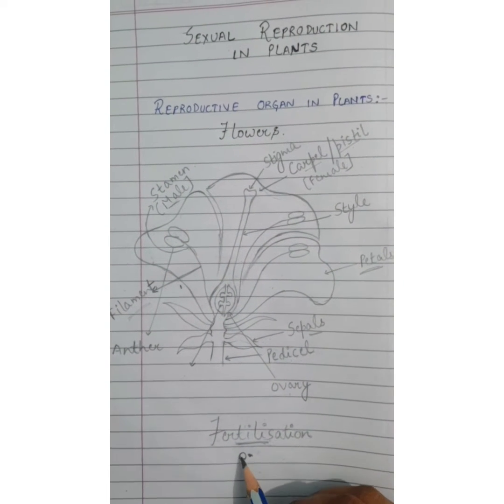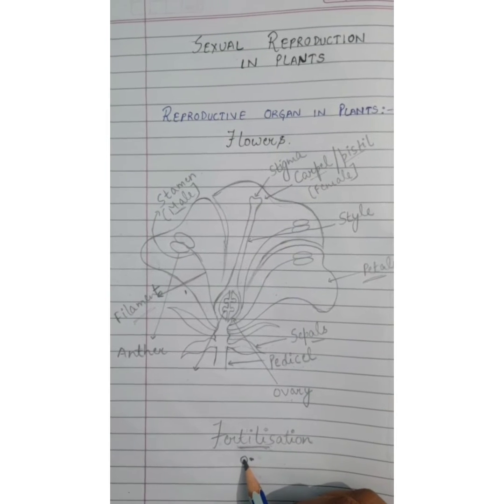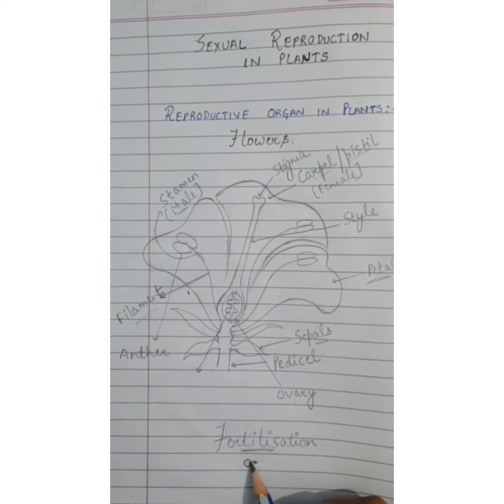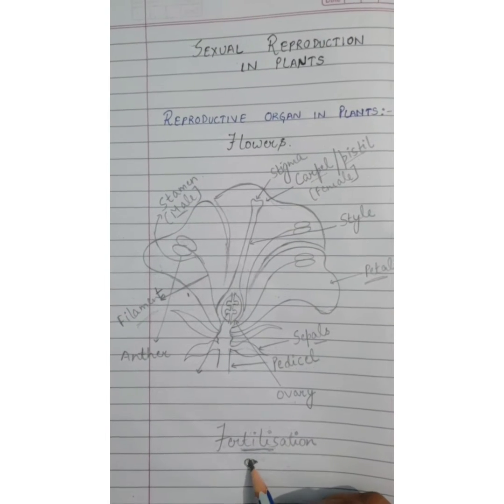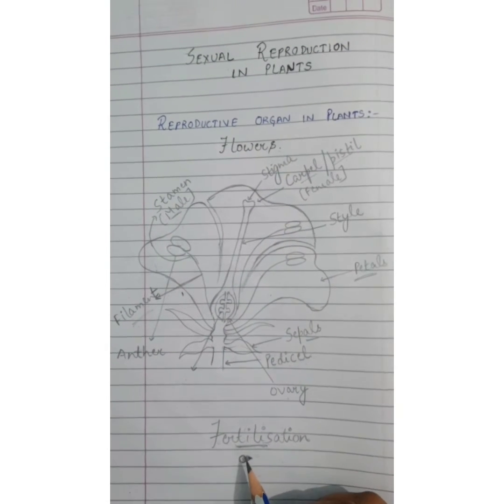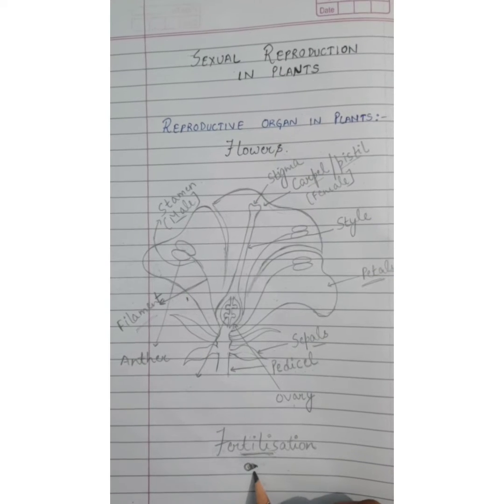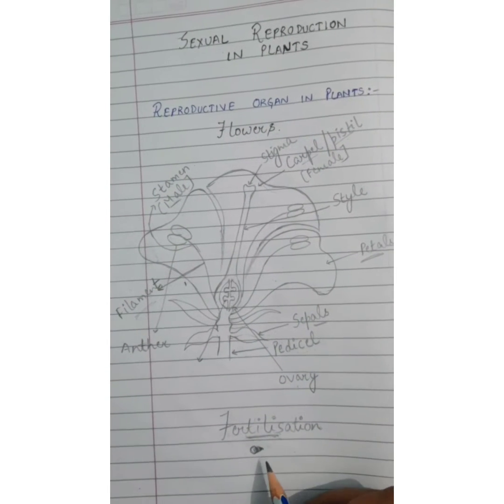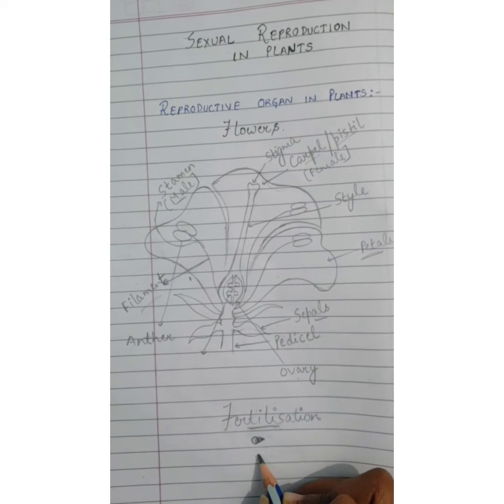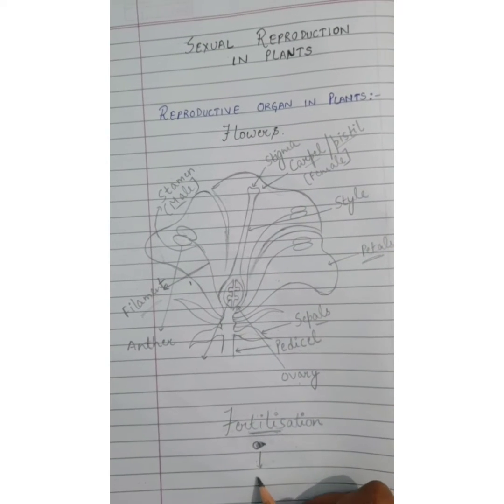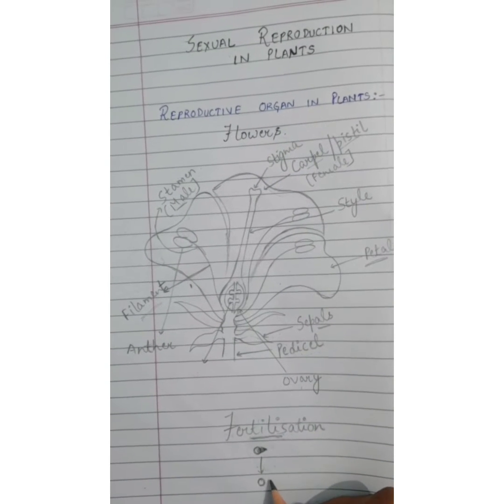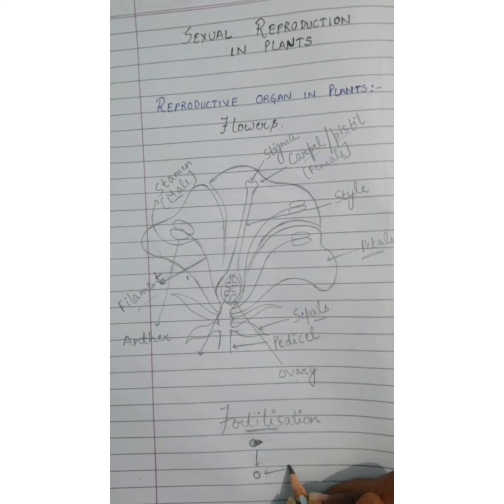When the two gametes fuse, this fusion process of the two gametes is known as fertilization. When the male gamete and the female gamete fuse, it forms a single cell, and the single cell so formed is known as zygote.